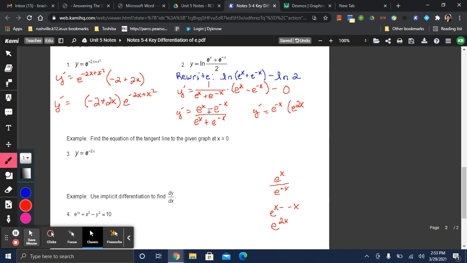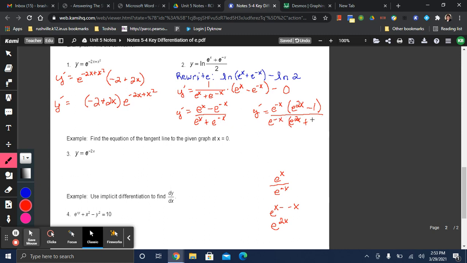So again, factoring out e to the negative x from these two terms, I get e to the 2x minus, and then e to the negative x factored out of itself leaves me with a 1. And then my denominator, I have a very similar situation. I'll factor out e to the negative x. And so for this term, that will leave me with e to the 2x, much as I had here, plus, and then e to the negative x.